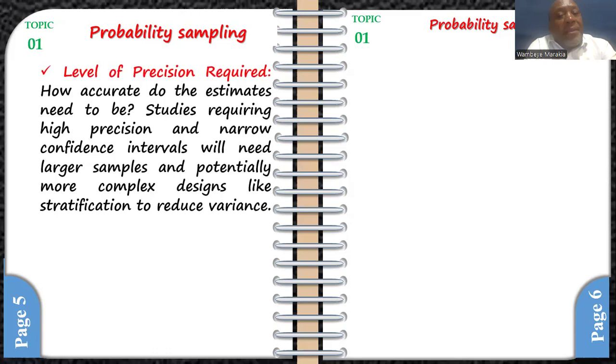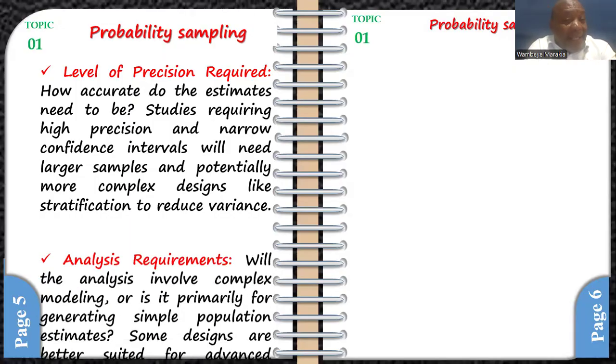Second, on the objectivity, apart from the research question, you also need the level of precision required. How accurate do the estimates need to be? Studies requiring high precision and narrow confidence intervals will need larger samples and potentially more complex designs like stratification to reduce variance.